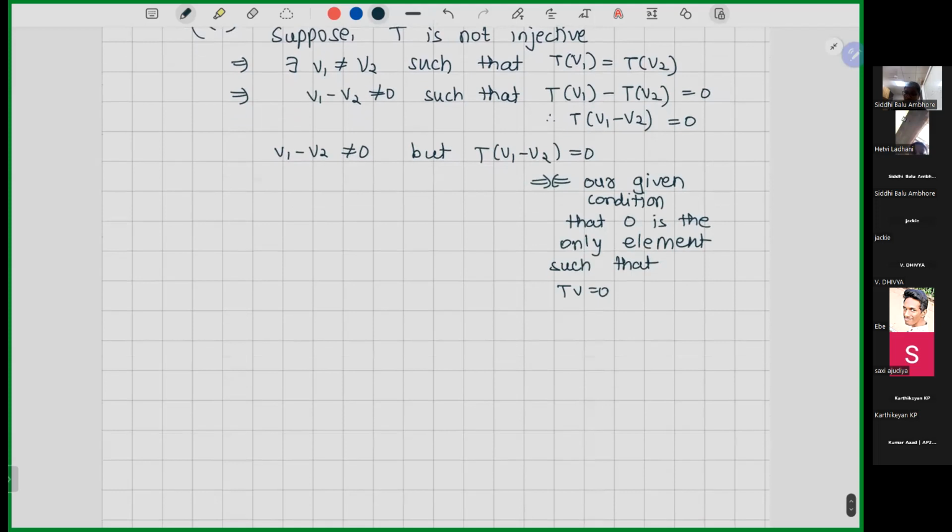So our supposition is wrong and T is an injective map.